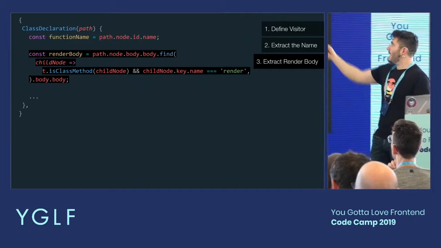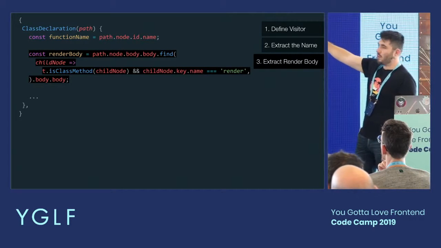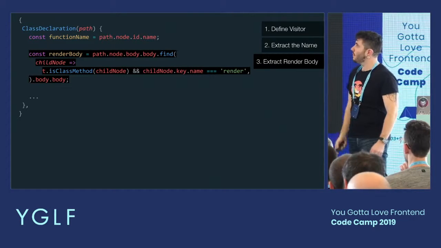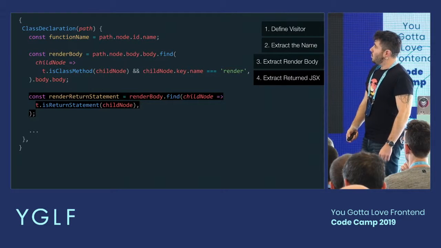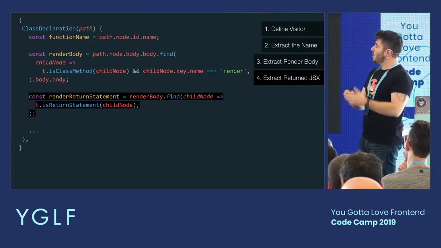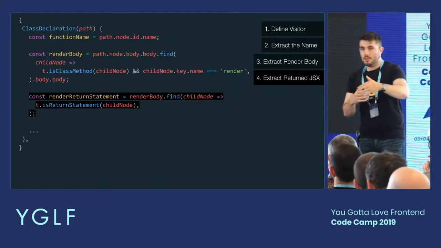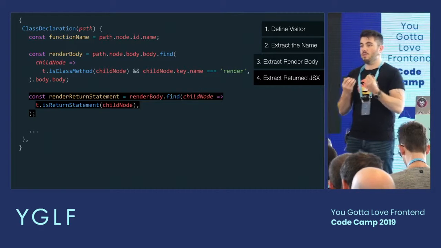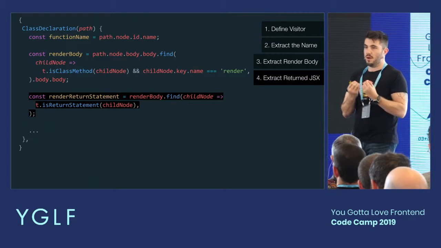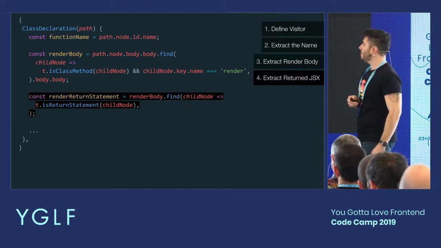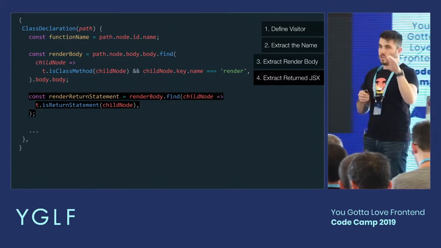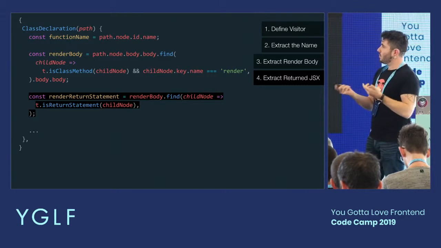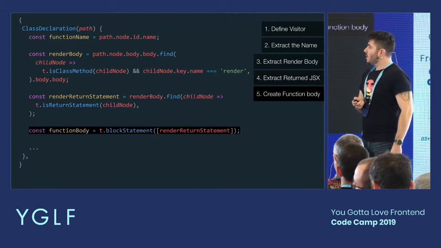Okay, and then we will go looking for a function with the render name. So once we have that, we will traverse its body in order to find a return statement, right? Because the return statement is what actually contains the desired JSX we want to extract into a function component.